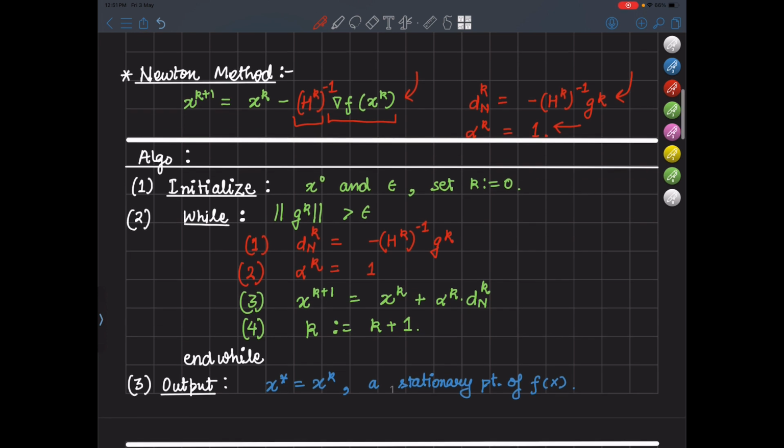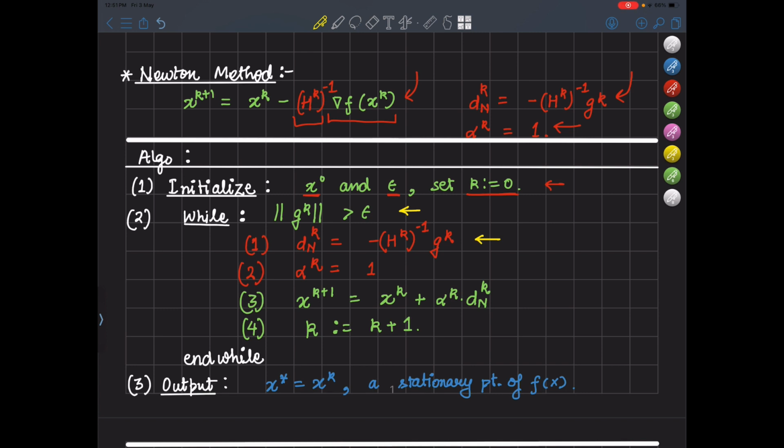If we look at it in the algorithmic form, then we first initialize x naught, the initial point, and the epsilon, which is used for stopping conditions, and we set the iterate to 0. We start the loop where the condition is that the gradient norm should be greater than epsilon, and we first set the descent direction by minus HK inverse.